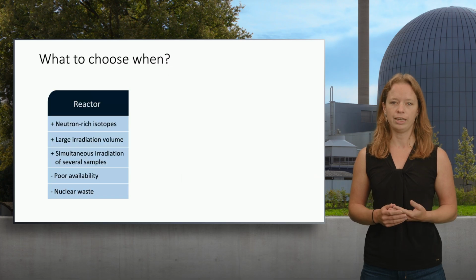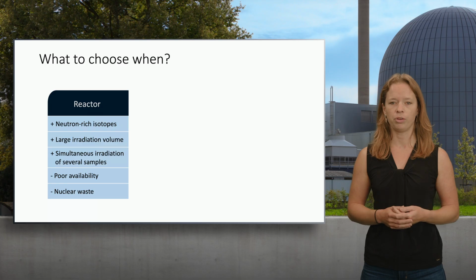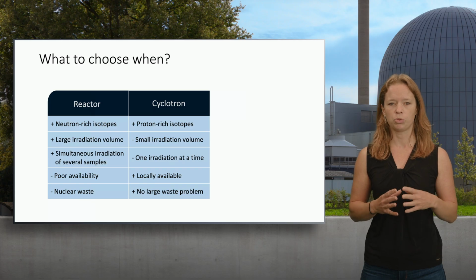Reactors, cyclotrons, and LINACs all have their advantages and disadvantages when it comes to radionuclide production. For example, while you can irradiate quite a number of samples in a research reactor at the same time, reactors are not available everywhere, and they produce a relatively large amount of nuclear waste. Cyclotrons, on the other hand, don't have such a large waste problem and are often locally available, but they have the disadvantage that you can only irradiate one sample at a time in a relatively small irradiation volume.